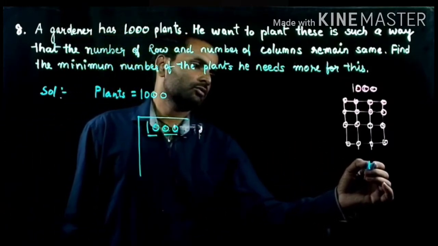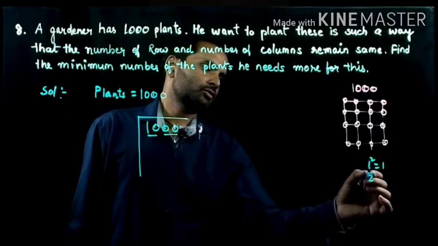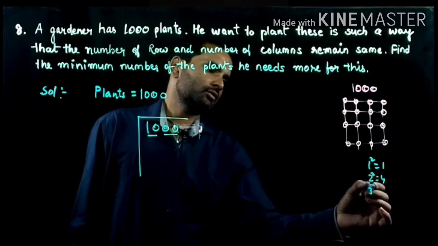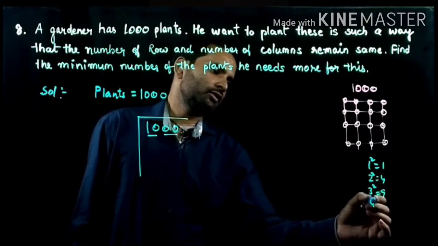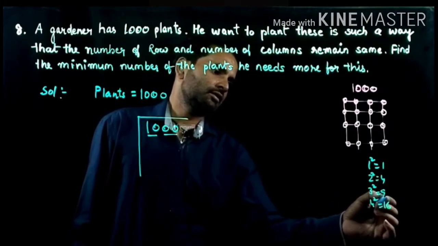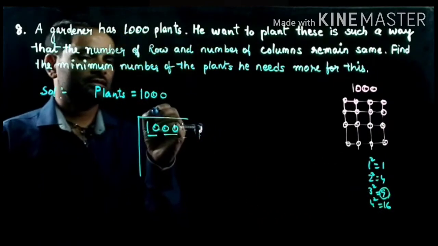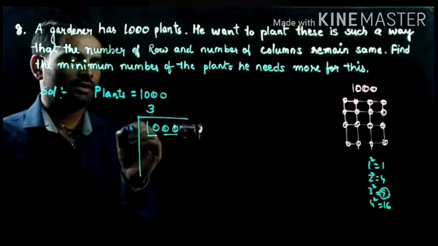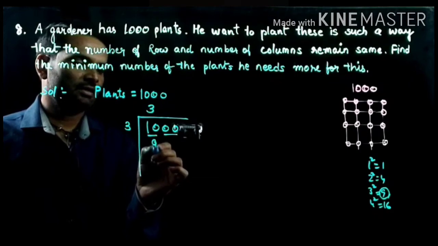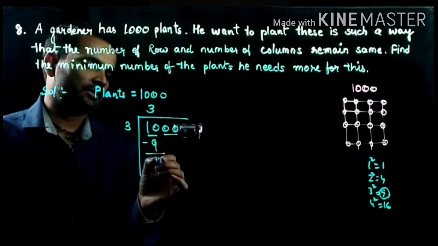You write 1 square is 1, 2 square is 4, 3 square is 9, and 4 square is 16. So 9 is 3 times 3 is 9, and after subtracting the value is 1.